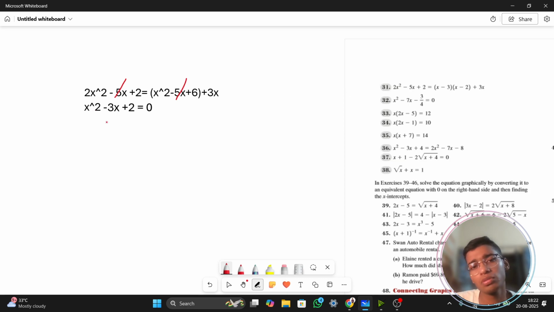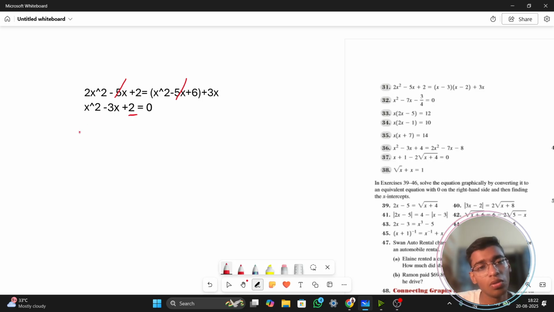Now we need to break this up so that the minus 3x accommodates the whole process. Like we need to factorize. 1 into 2 is 2, and breaking my 3x so that I get a 2 here gives minus 2x minus x.